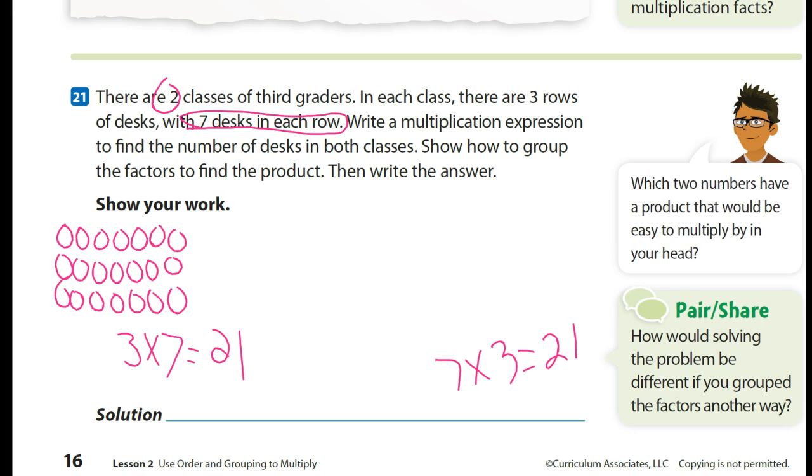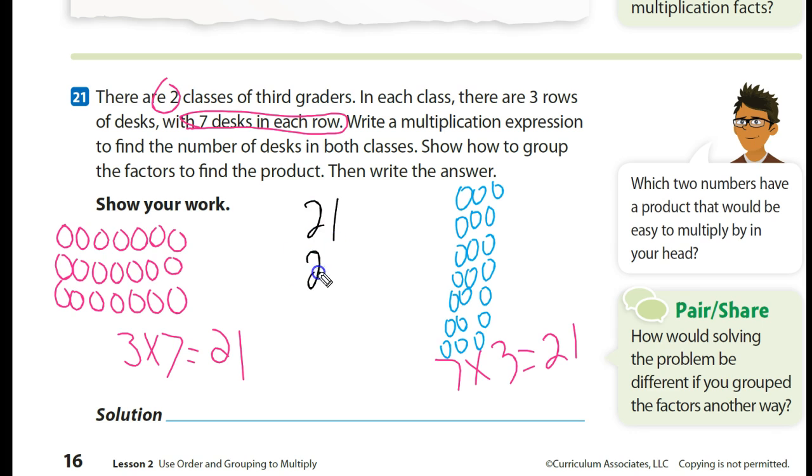So 7 with 3 each, that still gives me 21. So I need to add 21 plus 21, and then I get 42. 1 plus 1 is 2, 2 plus 2 is 4. Okay, that's one way to do this.